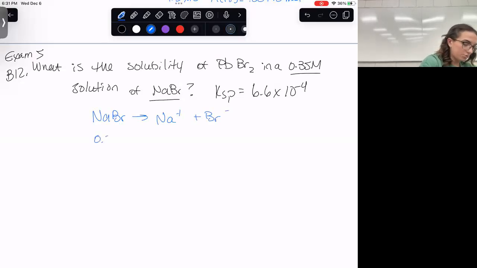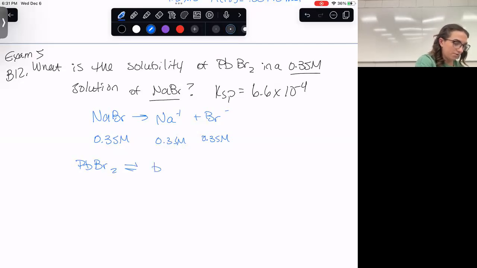So all of this 0.35 molar NaBr will turn into 0.35 molar sodium plus and 0.35 molar Br minus. Your KSP for PbBr2 will form an equilibrium of lead 2 plus and 2 Br minus.